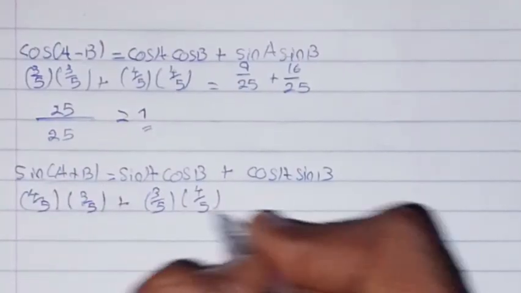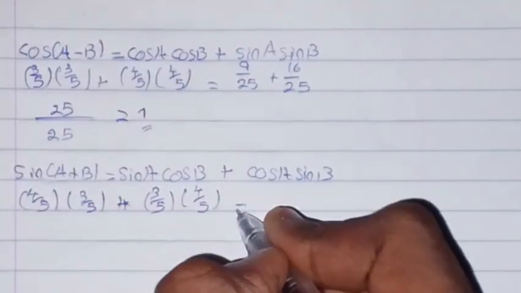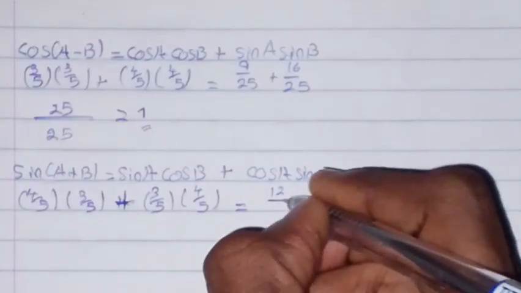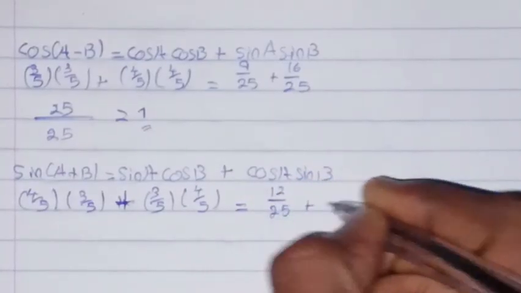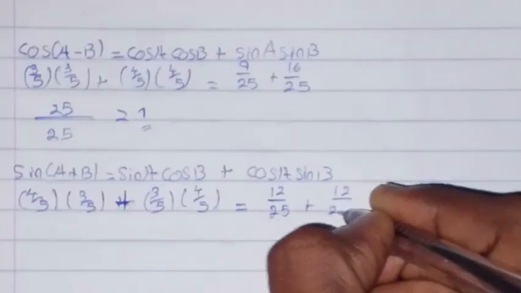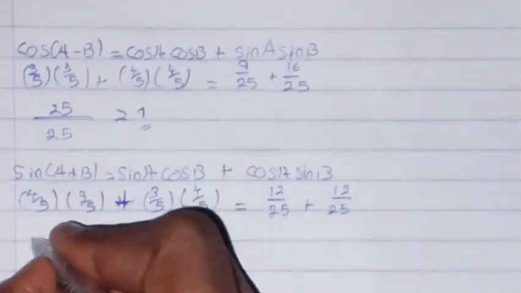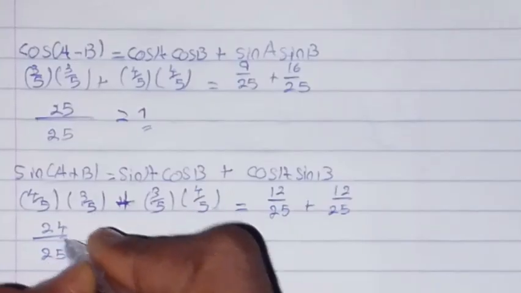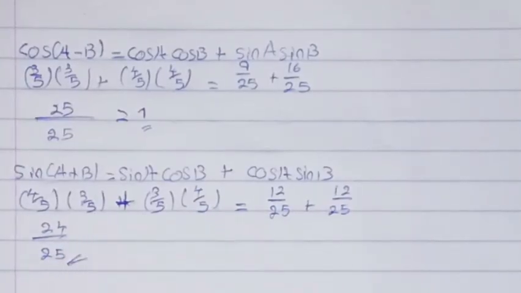So 4 over 5 multiplied by 3 over 5 is equivalent to 12 over 25, plus the same 12 over 25. The LCM is 25, and 12 plus 12 gives us 24 over 25. So that's our final answer for sin A plus B.